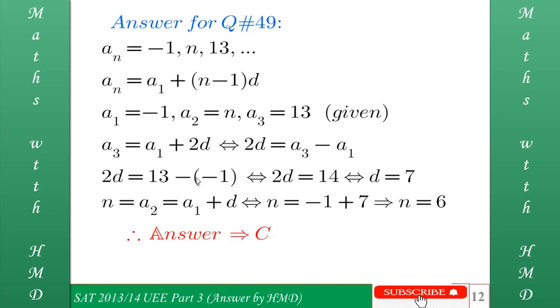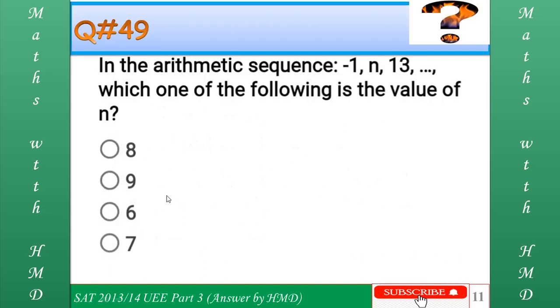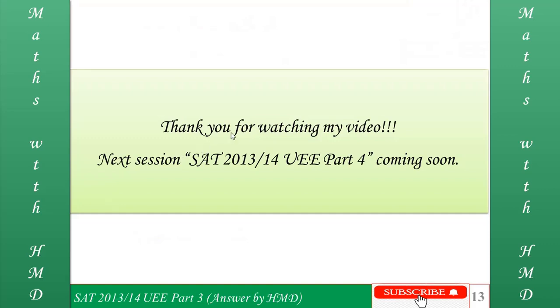The common difference of this arithmetic series is 7. So to find n, which is the second term of the series, use this formula, a1 plus d, right? So n is equal to -1 plus 7, and becomes 6. So the answer is going to be C, which is 6. So the second term of this arithmetic series is going to be 6.